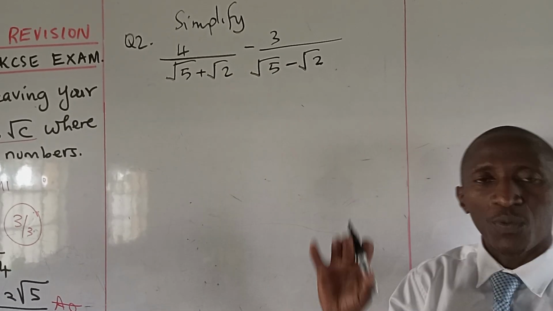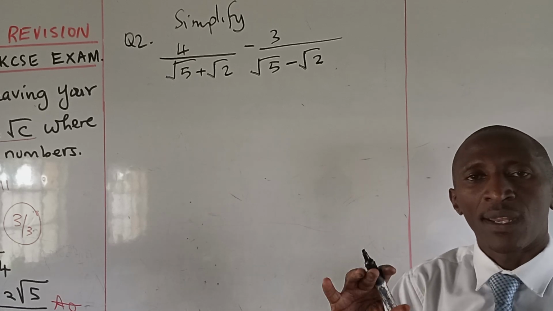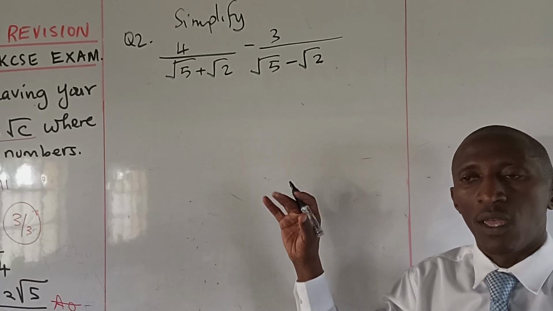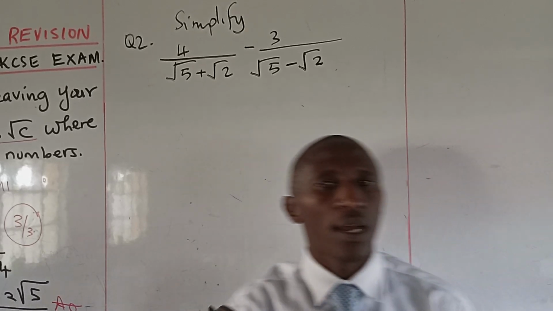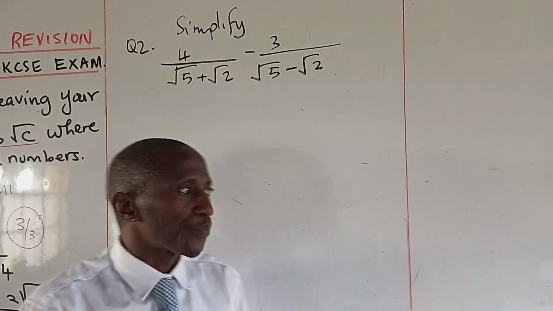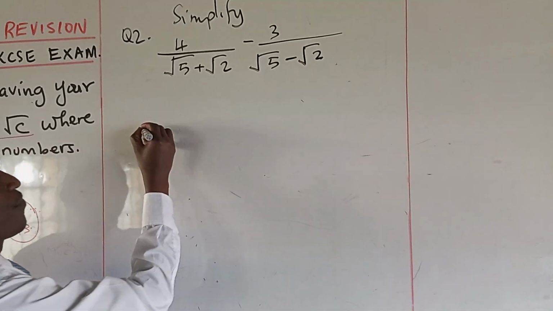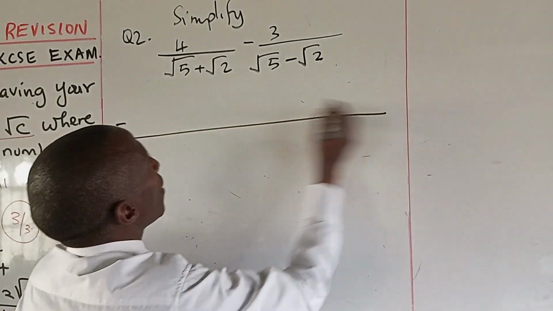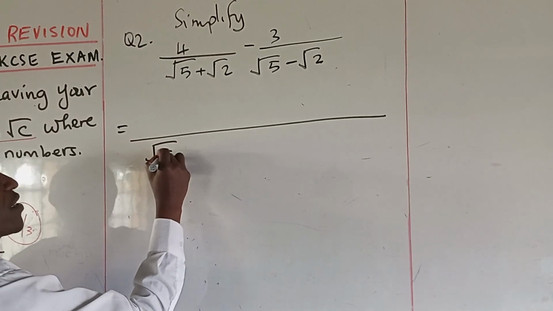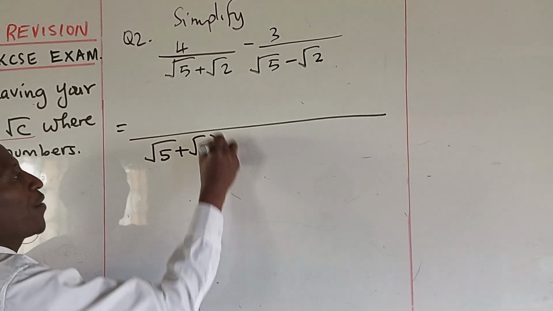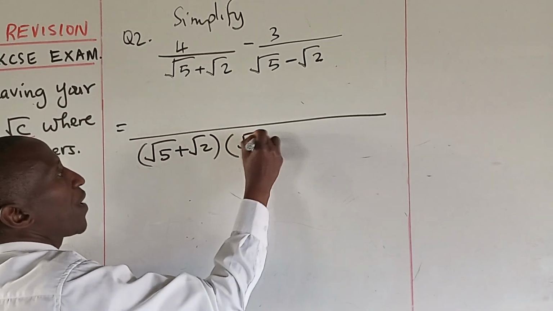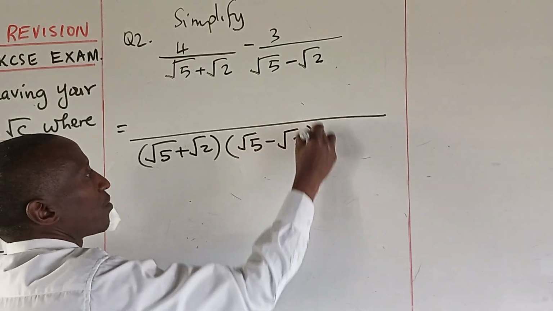This, or what we are showing here, is method 1. I know there is an approach 2, but let us look at method 1 for now. We have the LCM being the product of the two, that is root 5 plus root 2, root 5 minus root 2.